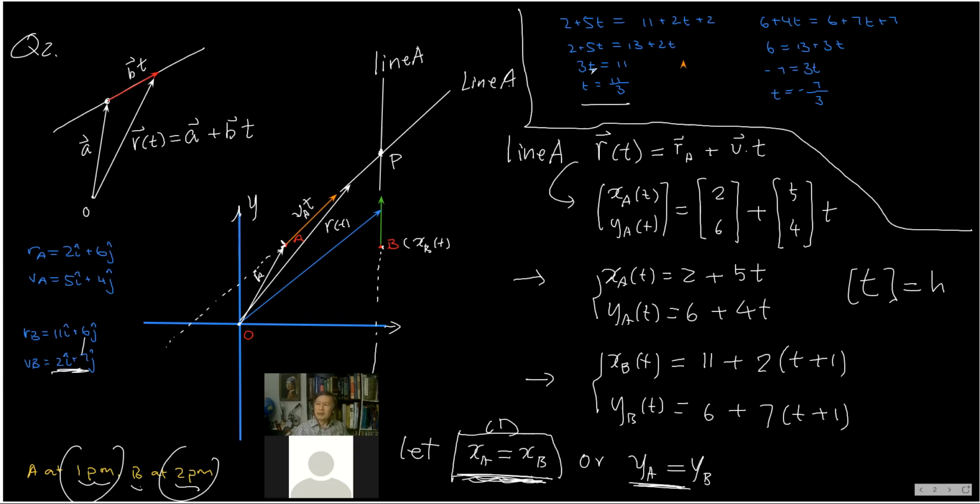Oh, this is 7t, right? Did you write 3? Oh, wrong, because I took the 4 away. Oh, t is negative, that's impossible, right? So they cannot collide according to this prediction. But we got one t anyway. X will meet, but y will not.